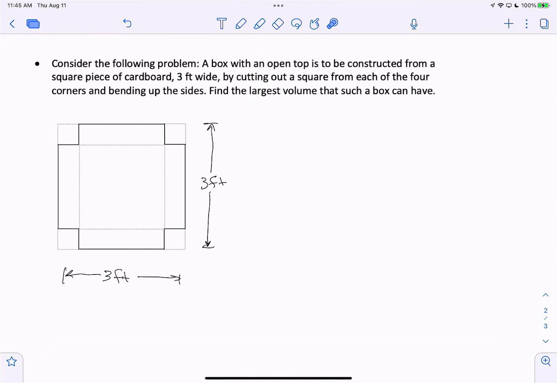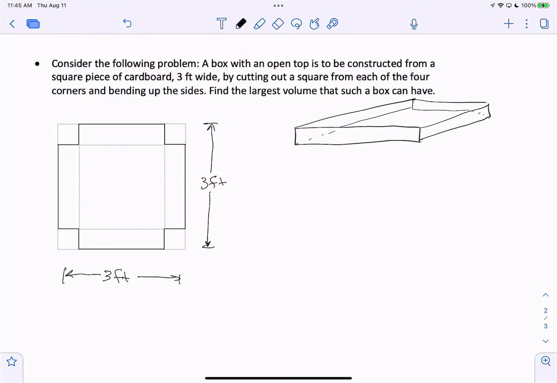Now, depending on the size of the squares that we cut out in the corners, we could have a box that's really shallow, maybe something that's good for transporting tomatoes. Or if we cut out really large squares, we could have something that's really tall, maybe suitable for shipping a poster.